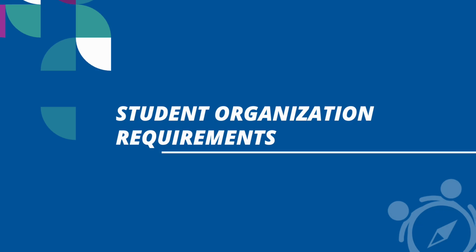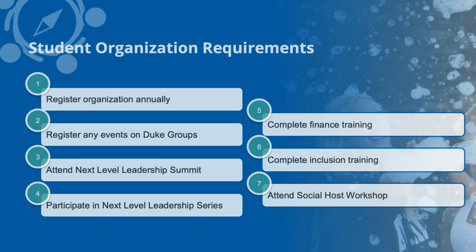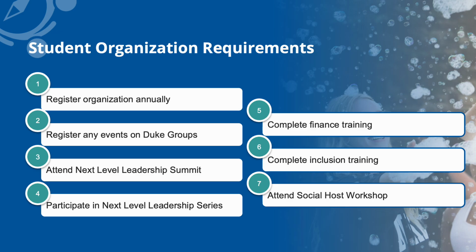With the new RSO status, you will be held to student organization requirements like every other student organization. Some of the student org requirements include: register your organization annually when it opens. You will get an email when that opens. Register any event that you have on Duke Groups, that is a requirement.